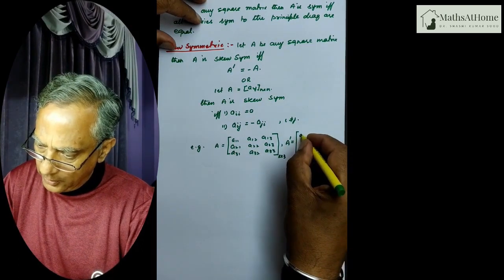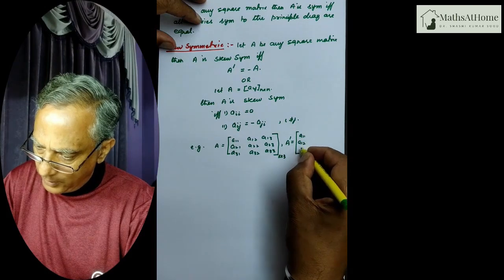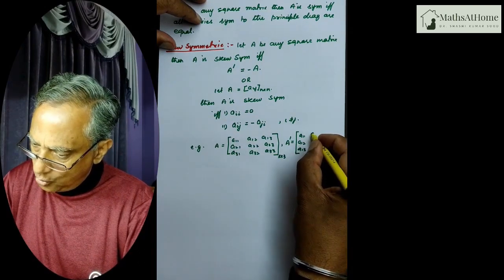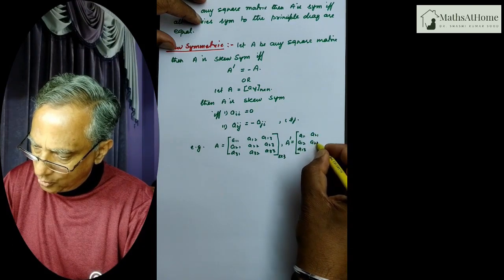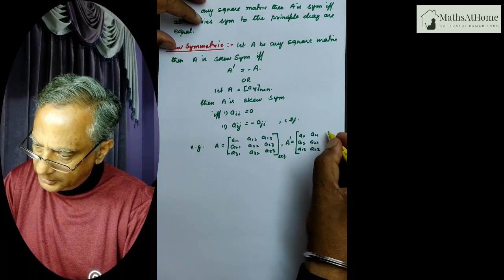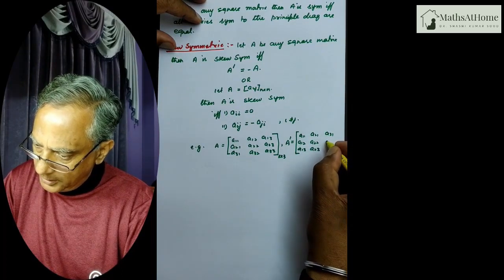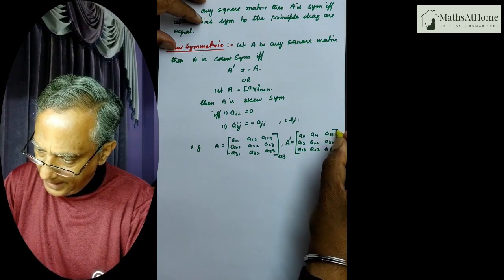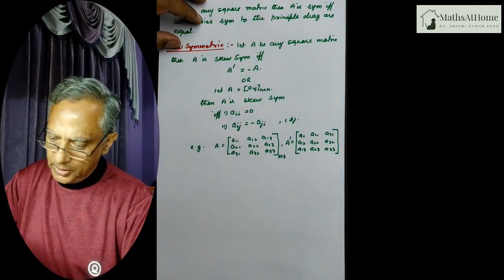So we get A11, A12, A13. This row will become second column, A21, A22, A23. Third row will become third column, A31, A32, A33. So A dash is equal to this much.